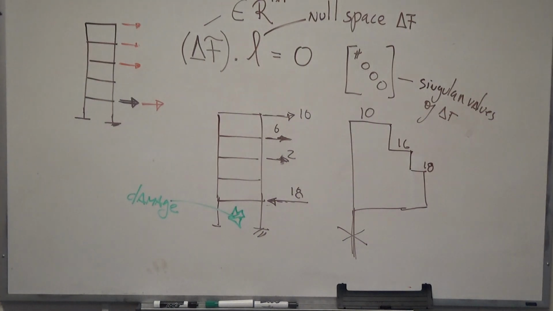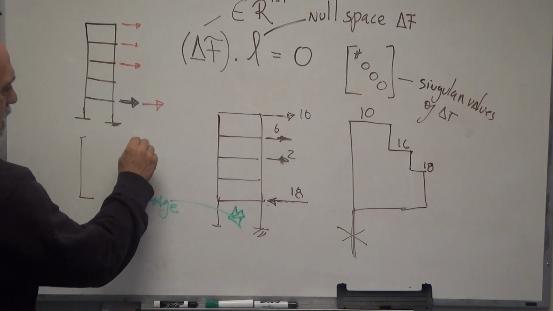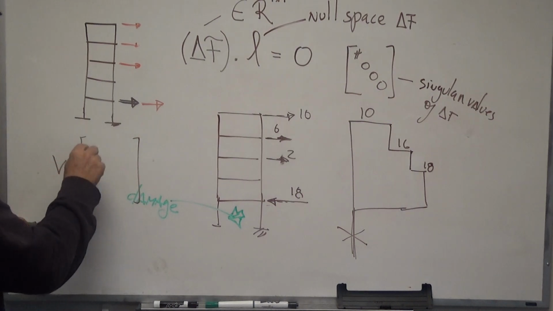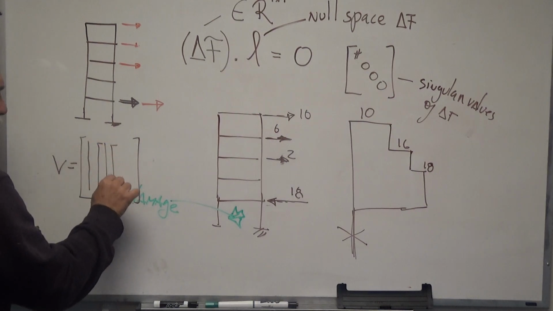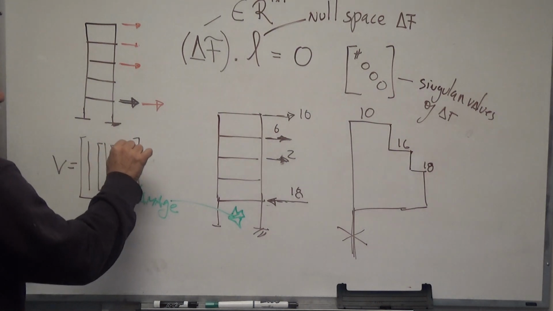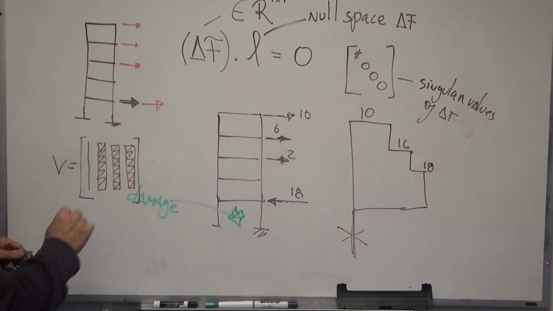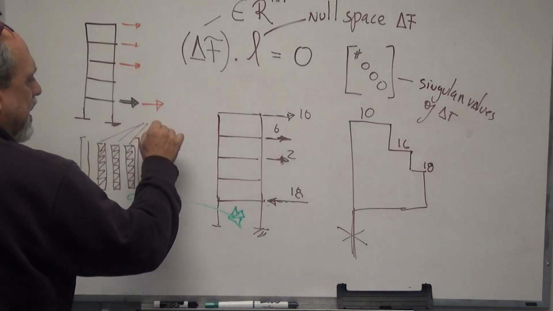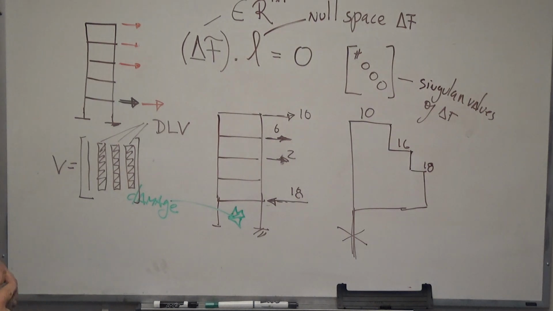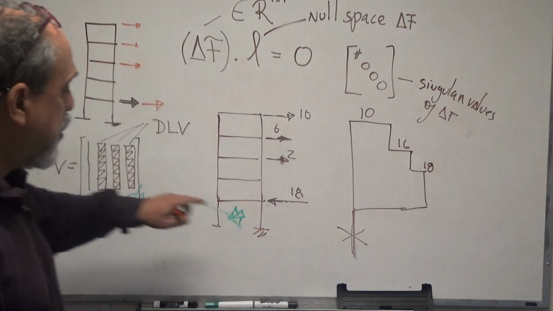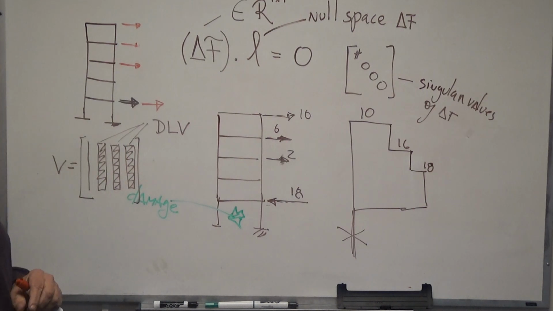If there was a single damage. What that means is that of the matrix V, there would be something here. The next 3 columns are in the null space. So this is in the null space, this is in the null space, and this is in the null space. And these are all damage locating vectors. Because the stress here will be 0, not only for the last one, but also for the one before the last and for 2 before the last.